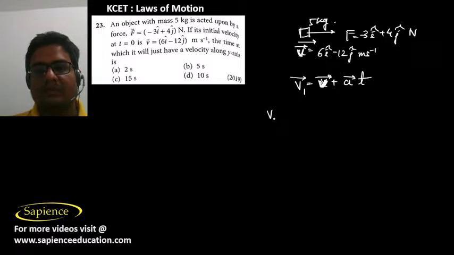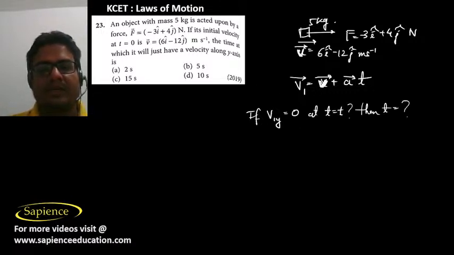It is asked for the time t at which it will have a velocity along the y-axis, which means the x component of the final velocity should be equal to 0.